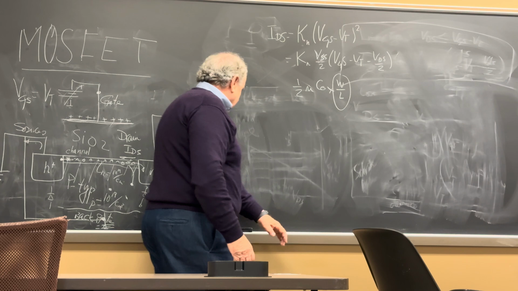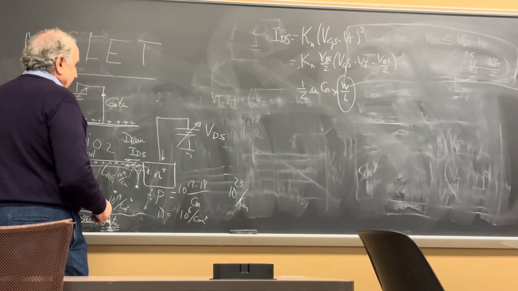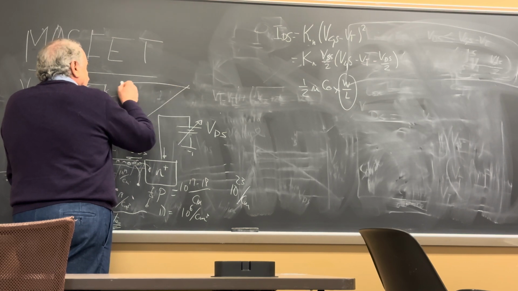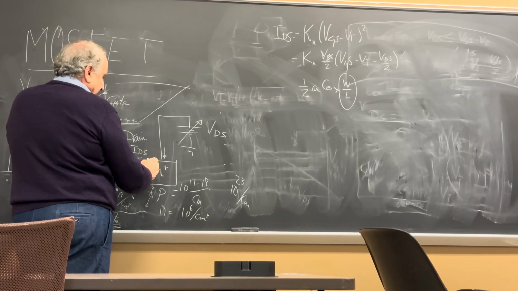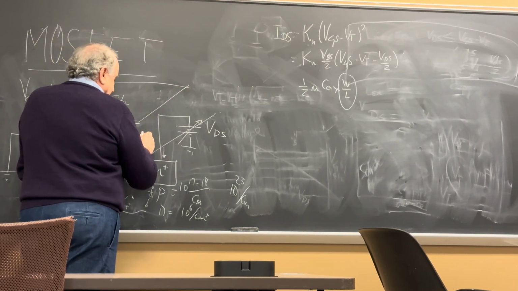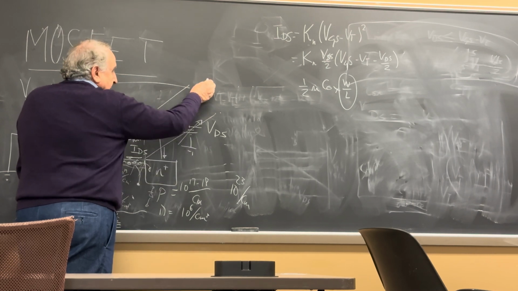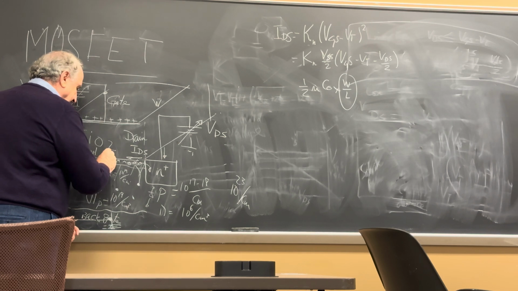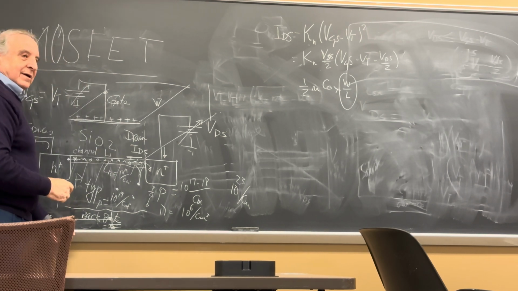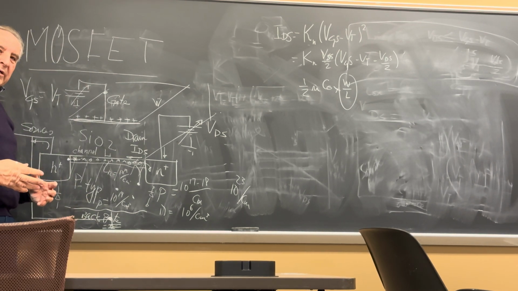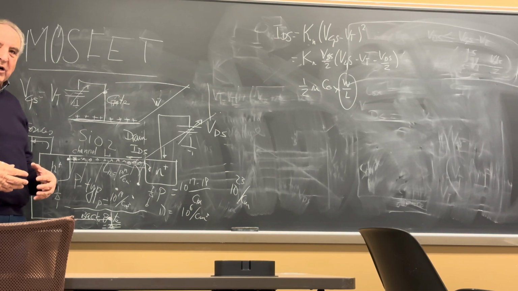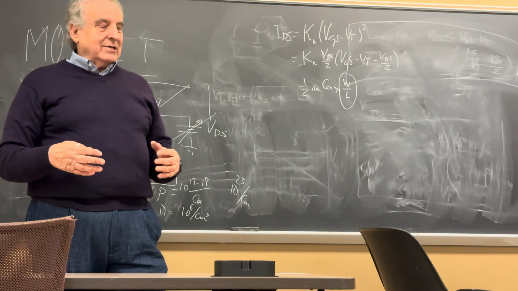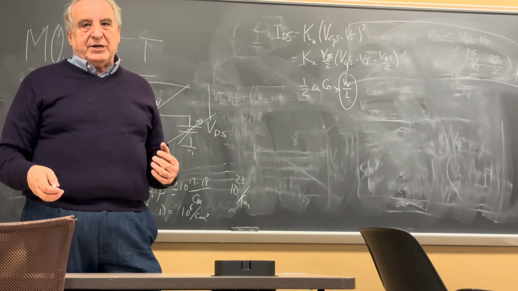W over L. If you look at this device, W is in the board. It has a width associated with it, right? This is W, and from here to here is L, the channel length. That's the first time you encounter that the current is a function of the dimensions of the device, and W over L is called the aspect ratio.